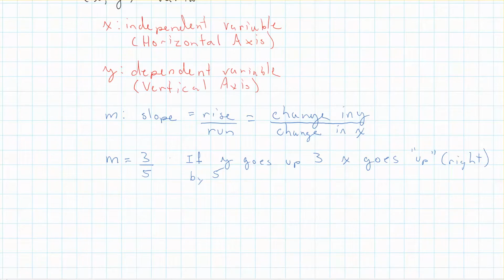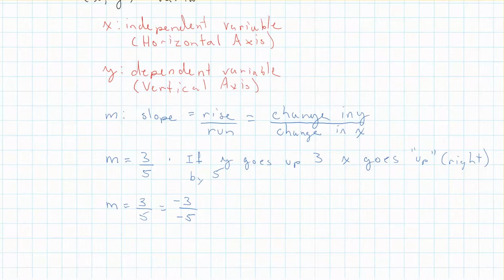Now, another thing you can do, and sometimes people get mixed up here, if you have m equal to 3 over 5, you can also write this as negative 3 over negative 5. It seems a little weird to do it this way, but it gives you another way to interpret it, because we know if we divide two negative numbers, it's positive.